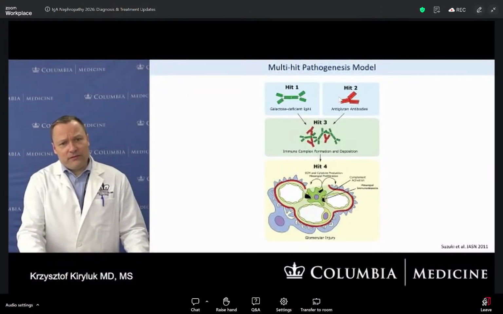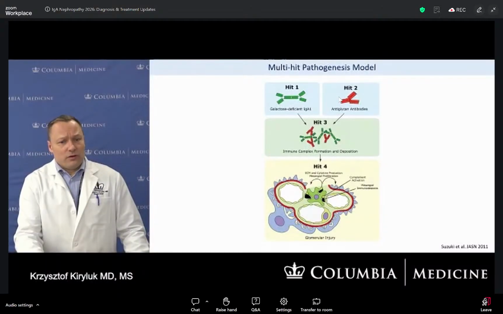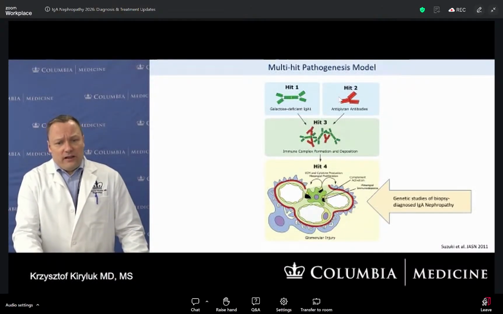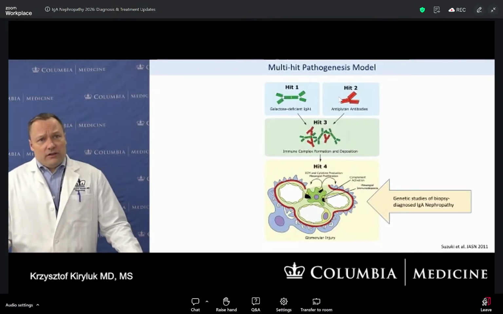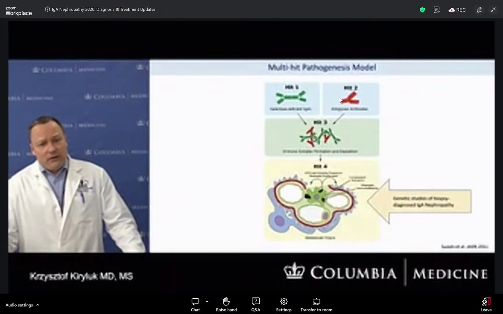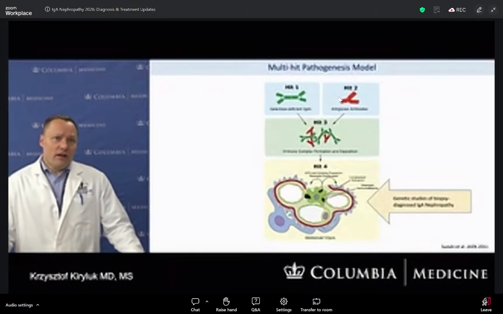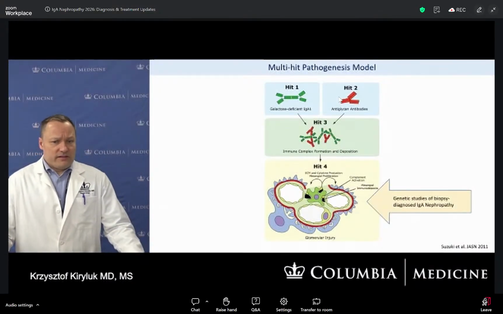So from the perspective of genetics, we were really interested in finding out what are the genetic factors driving these processes. And one of the easiest ways for us to address this is to study large collections of cases diagnosed by biopsy and ancestry matched controls. So that's one approach that we take to genetic discovery in this disease.